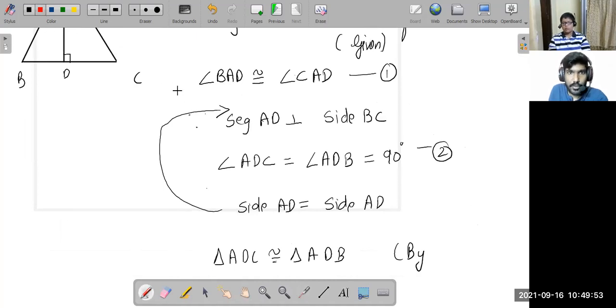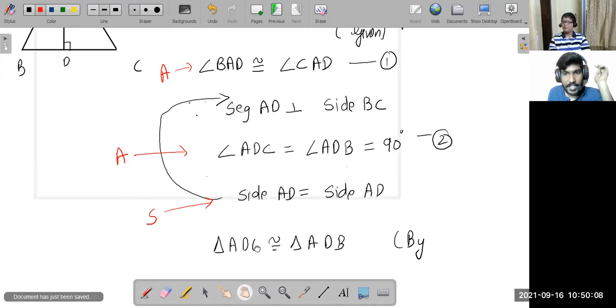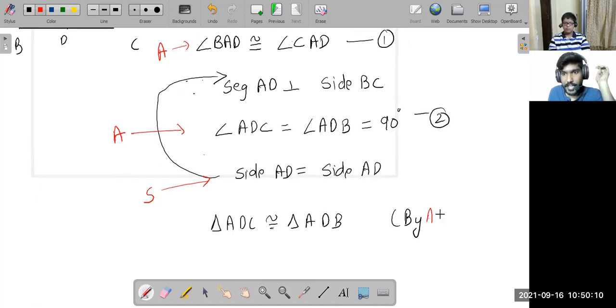See, here I have shown angle. After this step, side, and here angle. So what will it be? ASA. Yes, ASA test. It will be ASA test. Okay, while you're writing, just be careful.